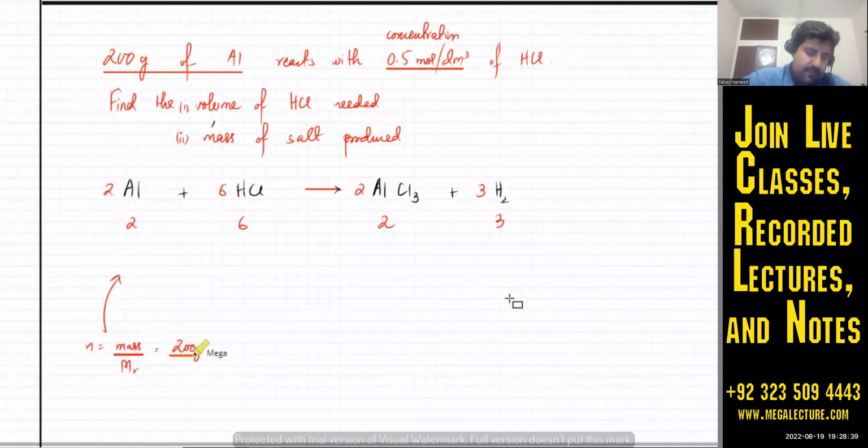And Al in the periodic table is 27. So कितने moles बने? If you use your calculator, it's going to be 200 divided by 27. So approximately 7.41 moles. I'm getting 7.41 moles.